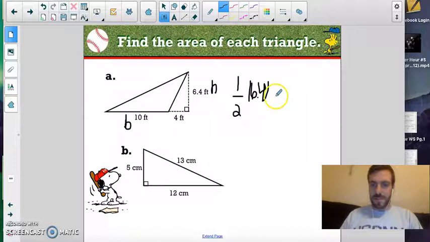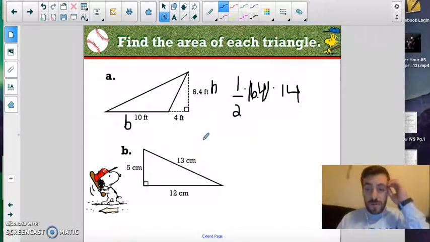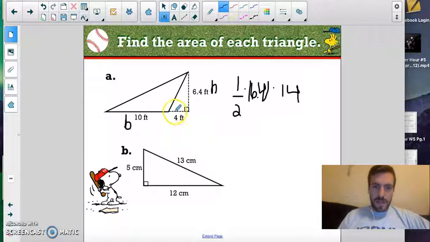Those are parentheses. You just have to bear with me the first couple times we do this. It's not going to be pretty. So 1/2 your height, and then your base is going to be 14. The reason why this one has this extra part here is because this angle is greater than 90. So when it's greater than 90, you have to take the height outside of the triangle.